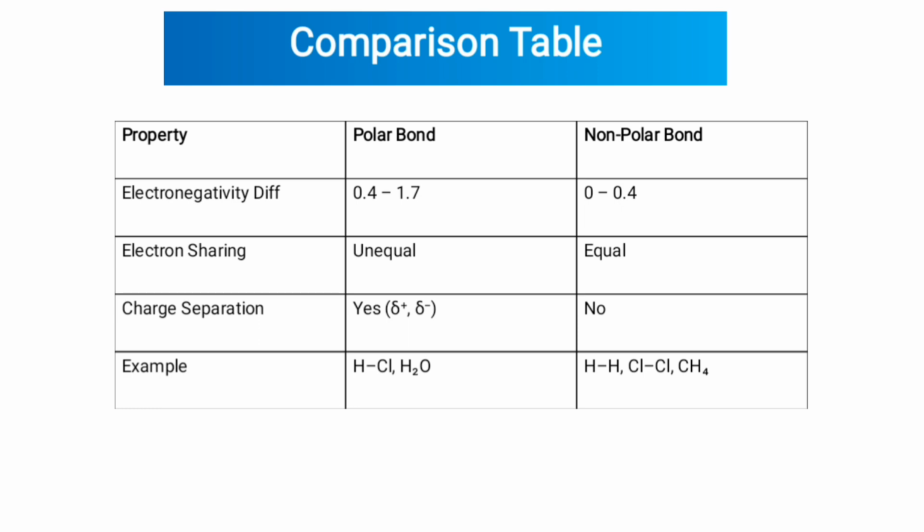Charge separation: in a polar bond, yes, partial positive and partial negative, while in a non-polar bond there is no charge separation. Examples: polar bonds are HCl, H2O, HF. Non-polar bond examples are hydrogen molecule, fluorine molecule, and methane.